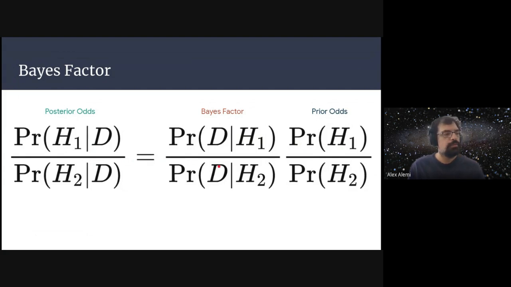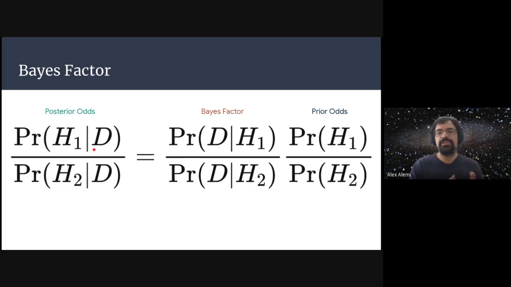So I don't have to worry about that tricky marginal likelihood. If I have some prior probabilities assigned to hypotheses, and I can compute this Bayes factor, I can use it as a multiplicative update for what my new belief should be in light of data.